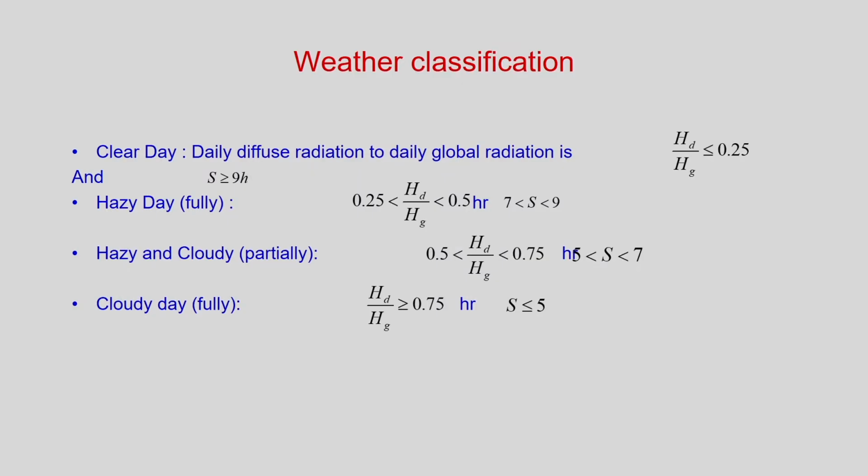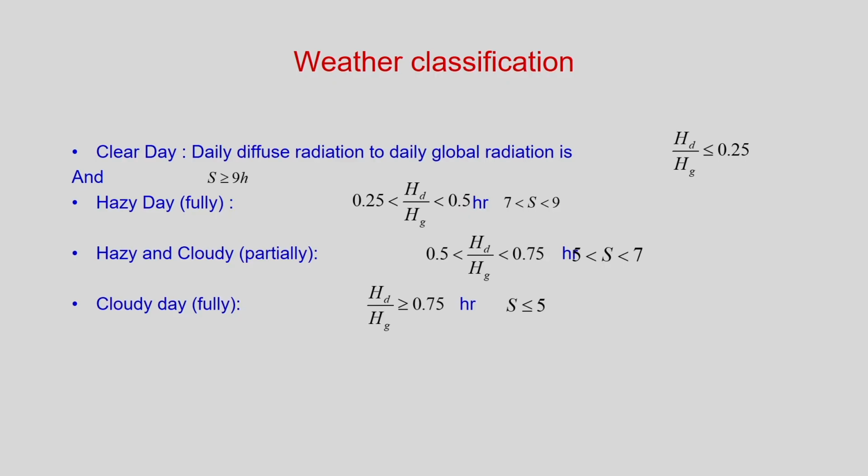Also, some of the researchers claim that we can classify the weather into different classes like clear day, hazy day, that may be fully hazy, hazy and cloudy, that is partially, and cloudy days, that is fully cloudy.